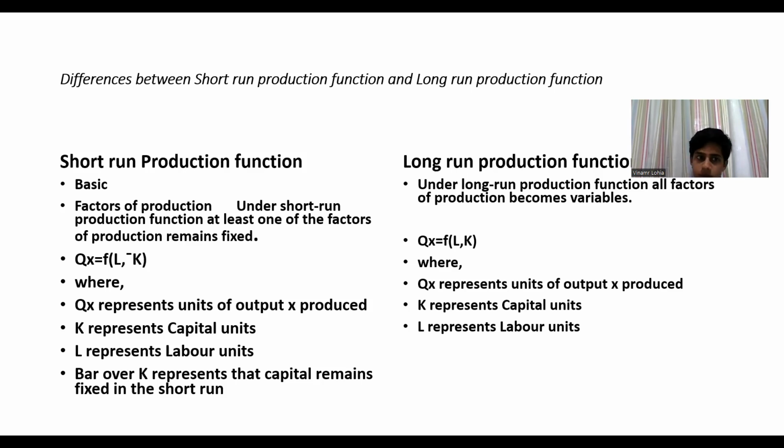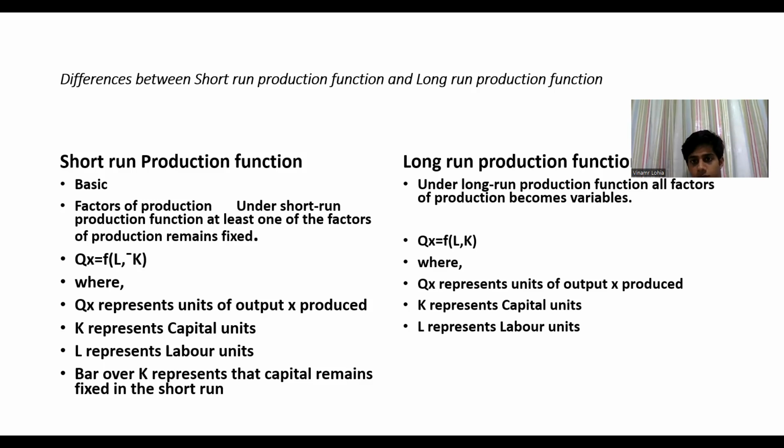The difference is that in the short run, one of the factors remains fixed, whereas in the long run, all factors of production become variable. Variable means they are not fixed. In the short run production function, either labor or capital can be fixed.